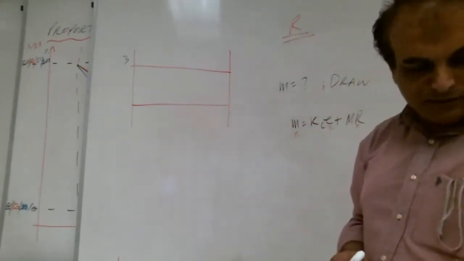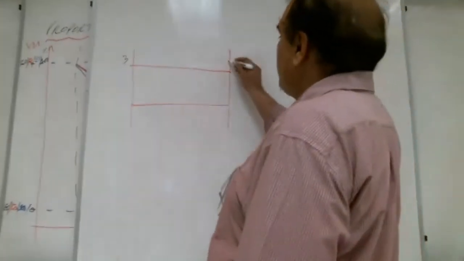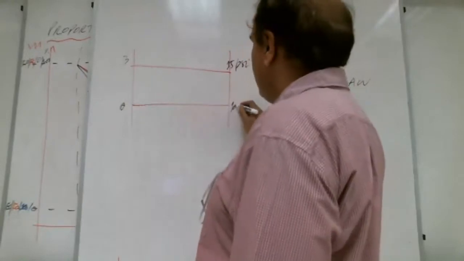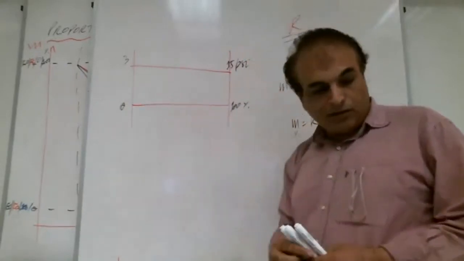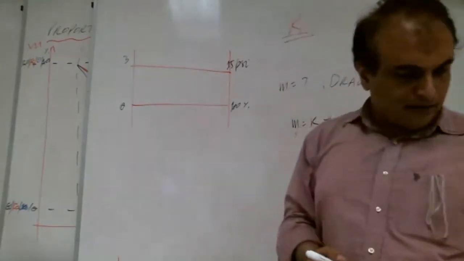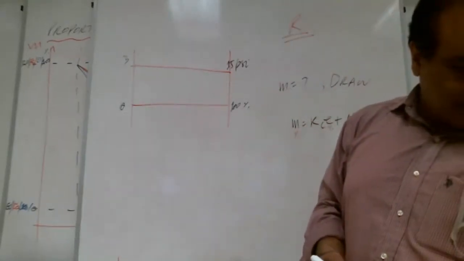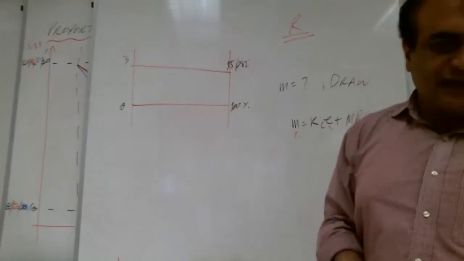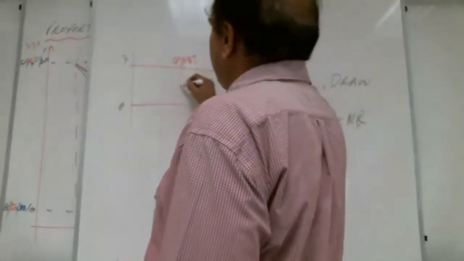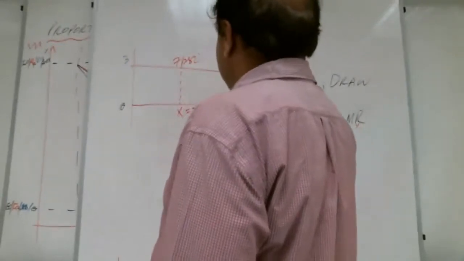So this is 3 to 15 psi, Shabab, and 0 to 100%. How many psi do we have? 7 psi, and we need to find the percentage.